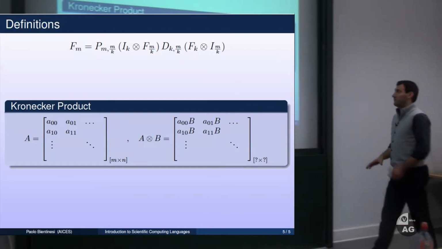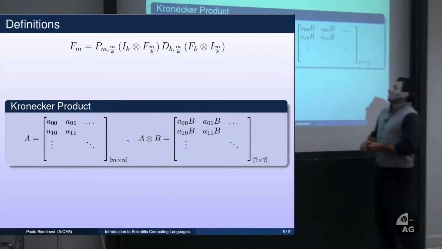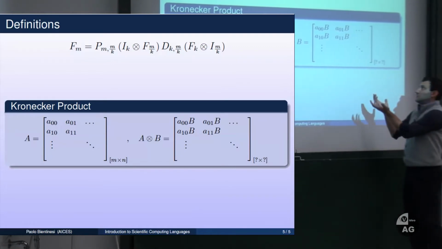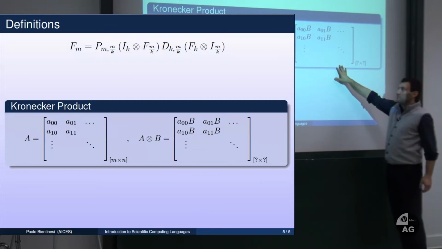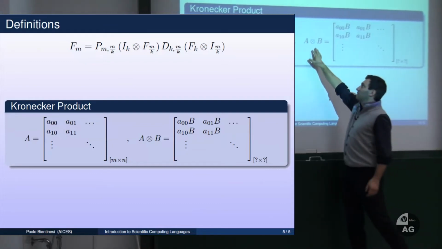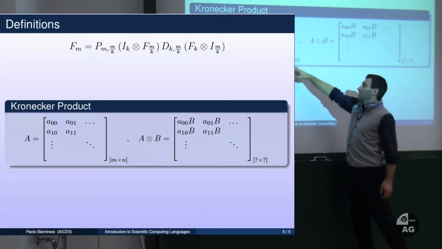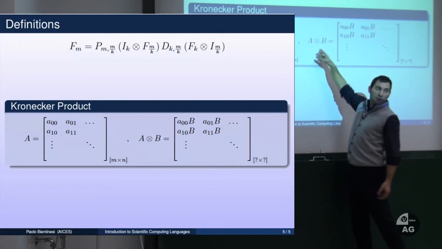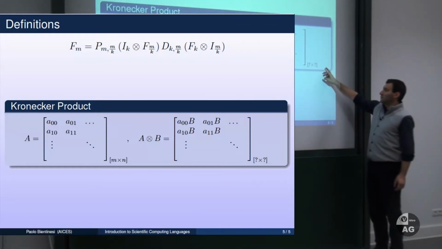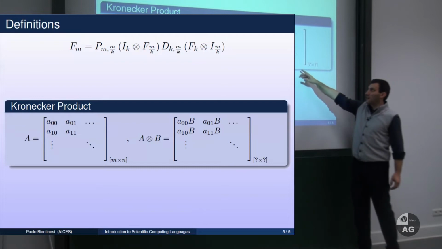Okay, here I finally define the Kronecker product. The Kronecker product takes 2 matrices and puts them together like this. For each entry of the left matrix, you attach the right matrix. So can you tell me the size of A Kronecker B?